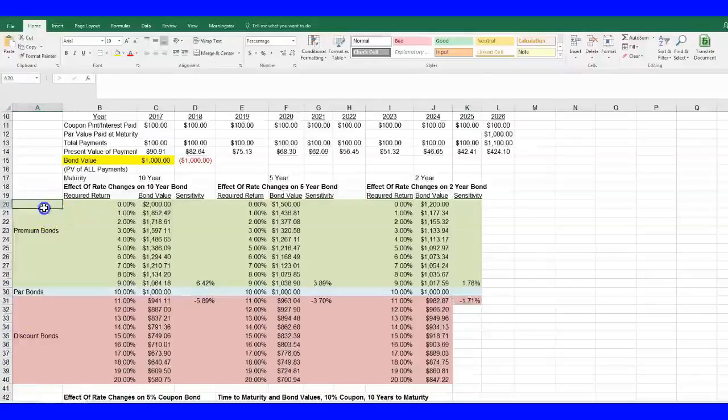And we call bonds that sell above $1,000 premium bonds. Premium bonds are also bonds whose yield to maturity is less than the coupon interest rate. And discount bonds are bonds that have a price less than $1,000, and bonds that have required yield to maturities or required returns greater than the coupon interest rate. We refer to those again as discount bonds.